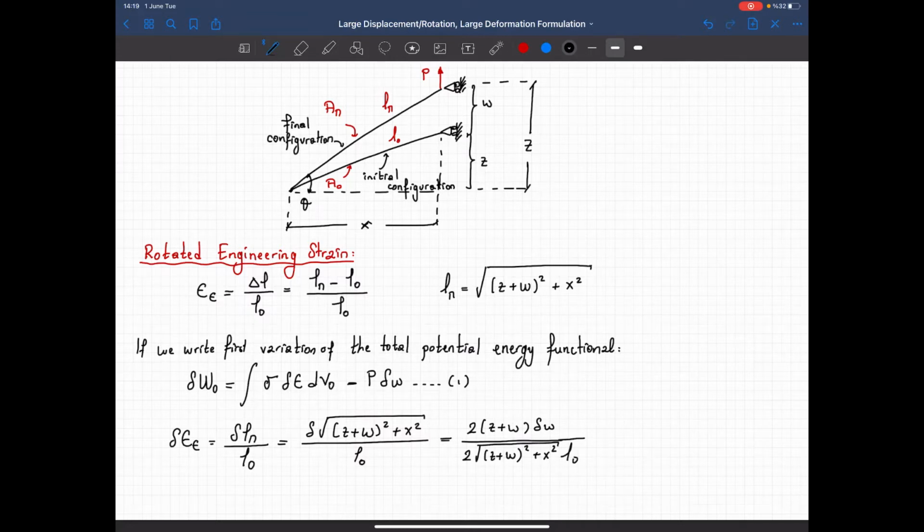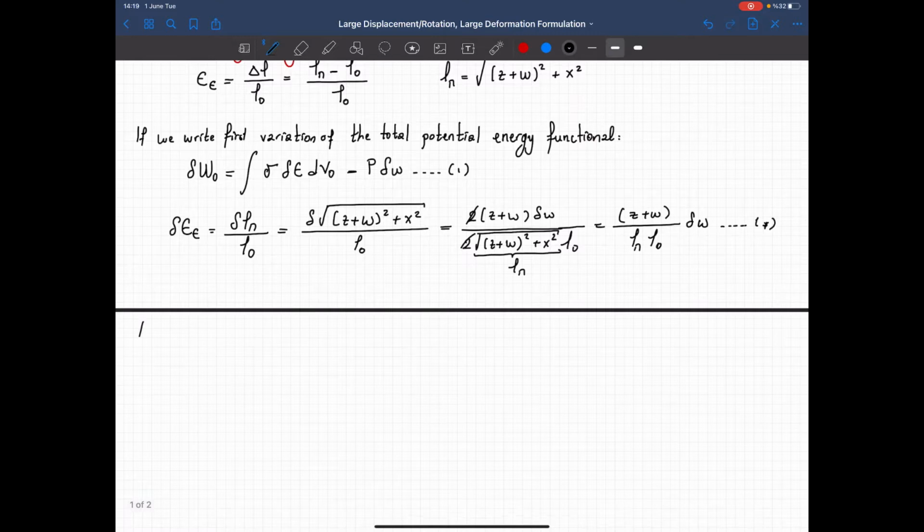So we know that this is the final length. These twos will cancel each other, and the variation in the strain will be equal to (Z plus W) divided by final length multiplied by the initial length, times the variation in the displacement. Let's call this equation star.